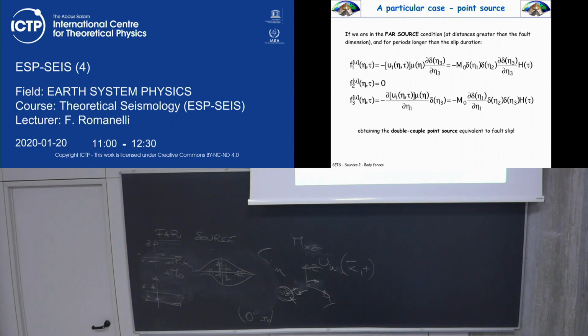So, final message. Once you make the last step and you assume a point source and you perform the integral, all the different versions that you have seen of equivalent body forces are ending up in this. Because if you do perform the integral here, what you're left with is these 2 forces here. What is that?